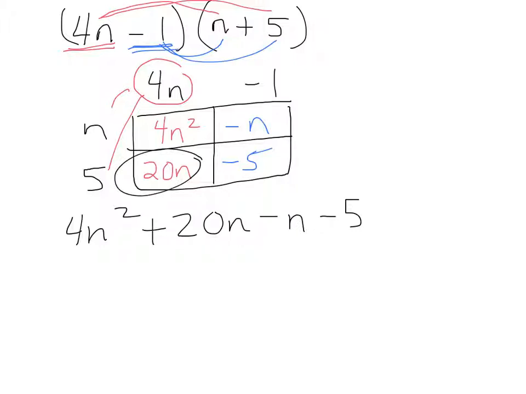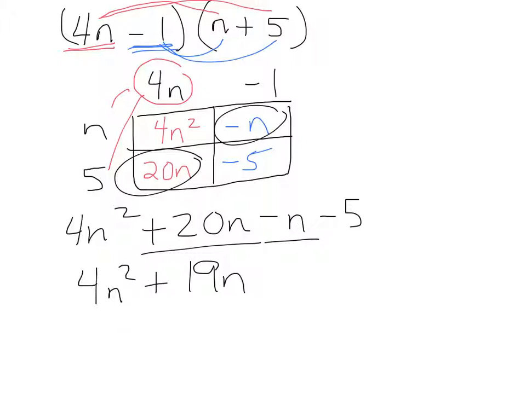And notice the like terms have, in both cases, been located in these boxes. Not necessarily the case, but it's cute, right? Okay, 19n for the combination of our like terms, and that's a positive 19n, and you still have that negative 5 at the end. It looks like the product of these two binomials is 4n squared plus 19n minus 5.